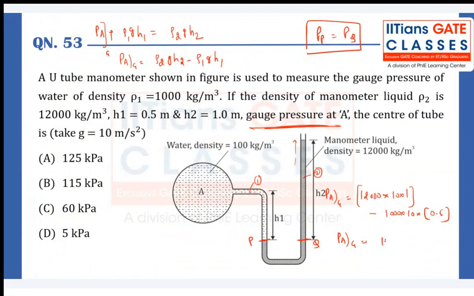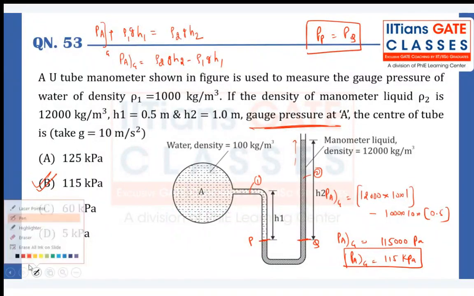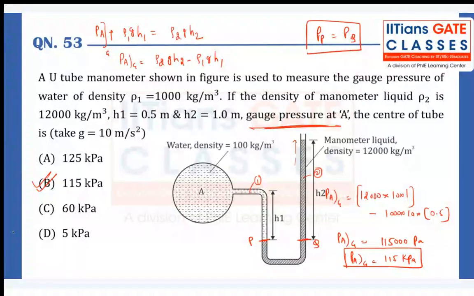So you will be getting 115,000 Pascal, that is gauge pressure as 115 kilopascal. B will be correct. No doubt.